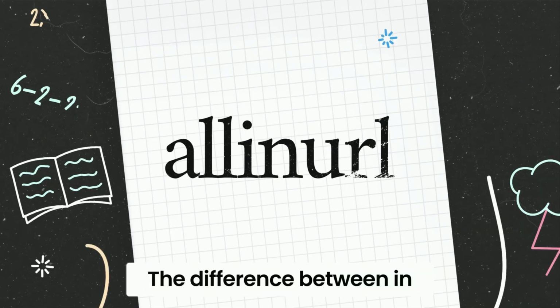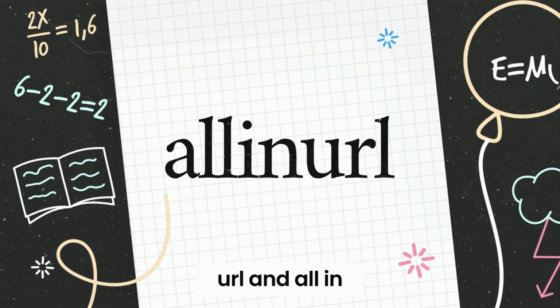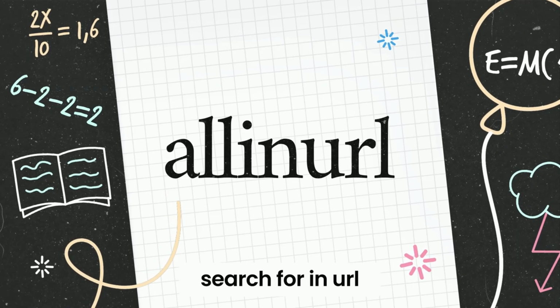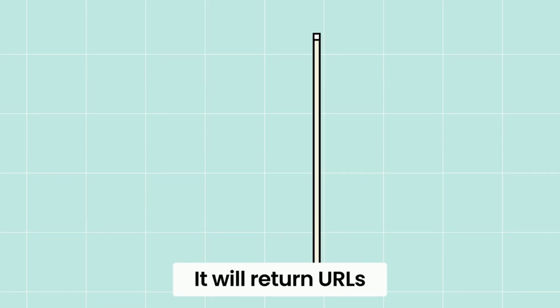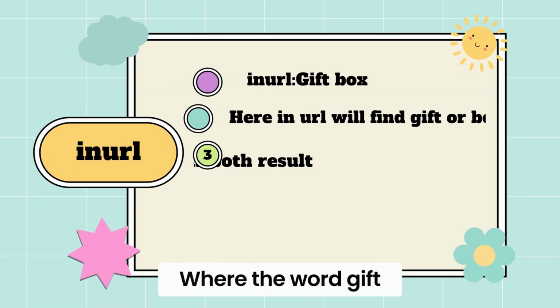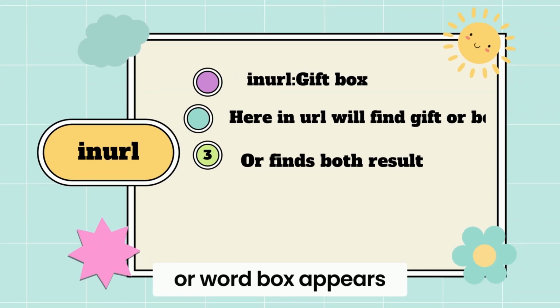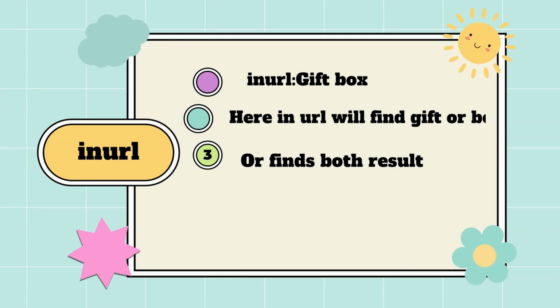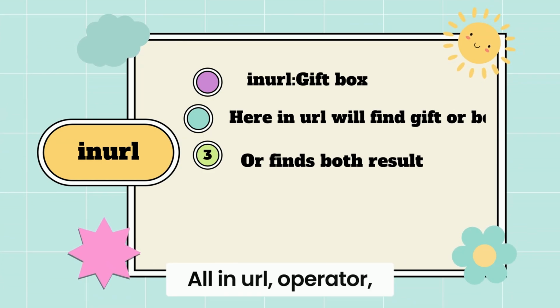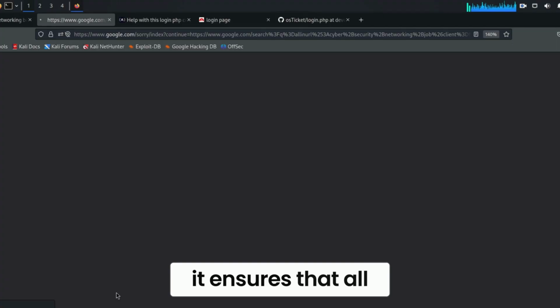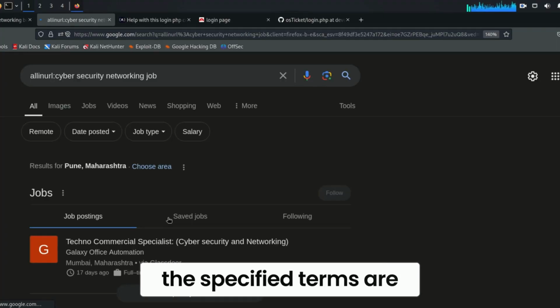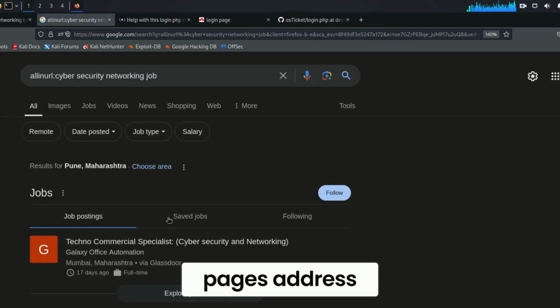The difference between inurl and allinurl is, if you search for inurl gift box, it will return URLs where the word gift appears in the address, or the word box appears in the address, or both. The allinurl operator ensures that all the specified terms are part of the web page's address.